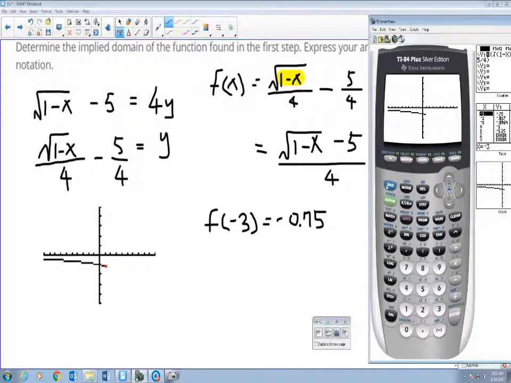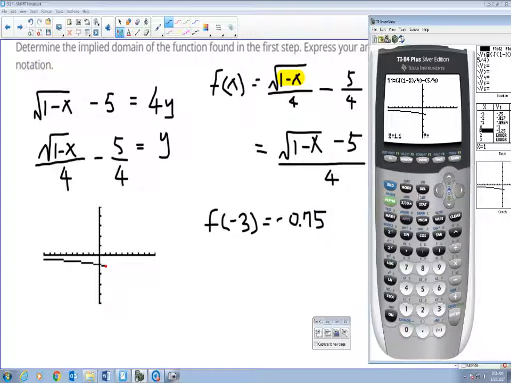We can double check. Go to your table. At 1, it is negative 1.25. So I wonder what happens at 1.1 for x. Go to second calc, number 1 value. Let's check out 1.1. Nothing. When it shows nothing, that means the function does not exist at 1.1 for x.